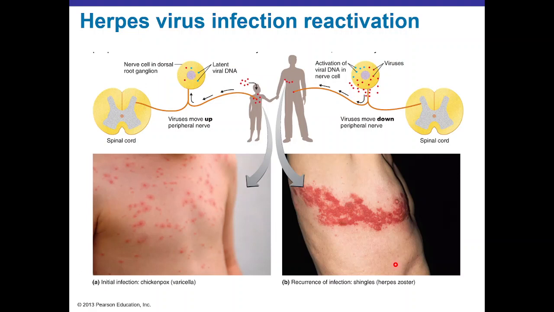So here's an example of herpesvirus infection reactivation. When a person was young, in this case infected by this virus that causes varicella during childhood, the infection can go away, but the virus goes into the nerve cells of the dorsal root. In this case it will be for the intercostal nerves.